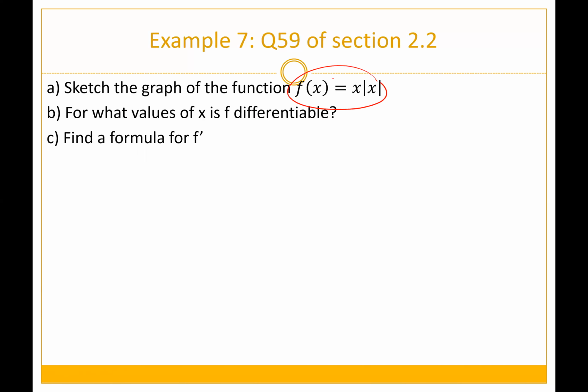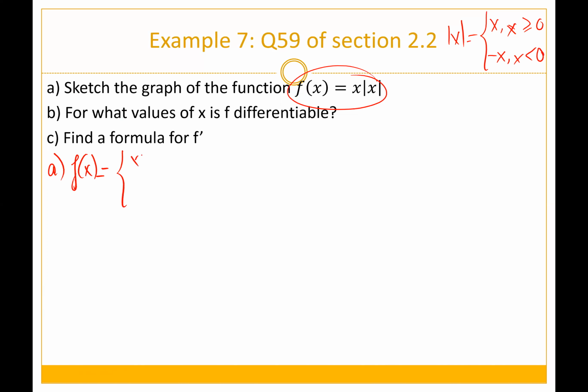So sketch this graph. First of all, when you have an absolute value, it will equal two things. It will equal itself if x is greater than or equal to 0, or it will equal the negative of itself if it's negative. So when you have an absolute value here with an x multiplied to it, you first define your function as a piecewise function.